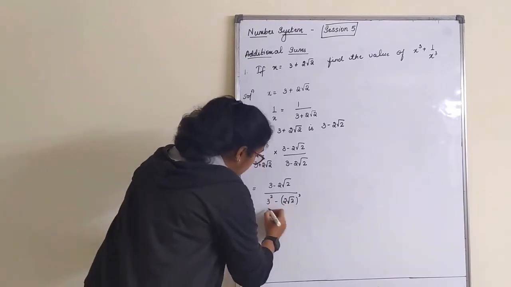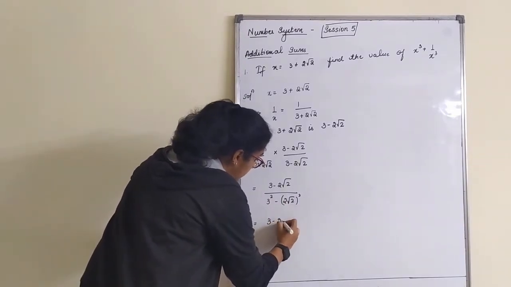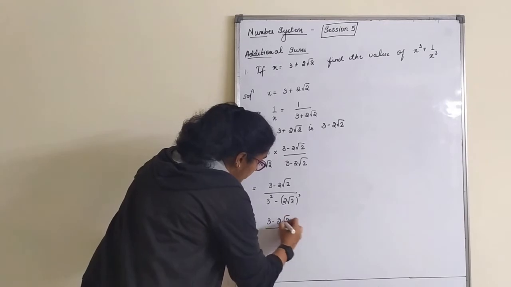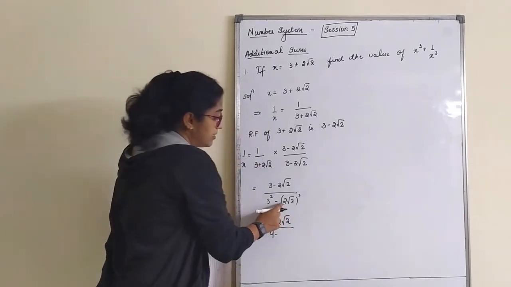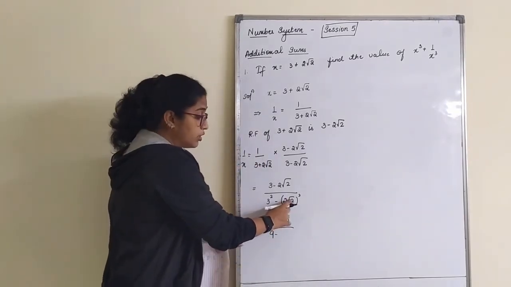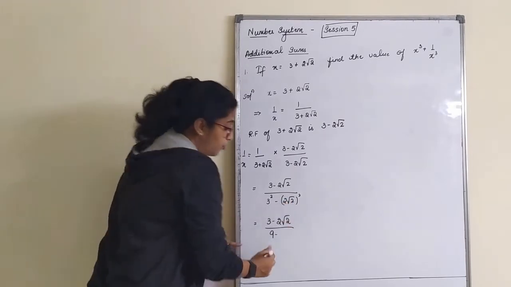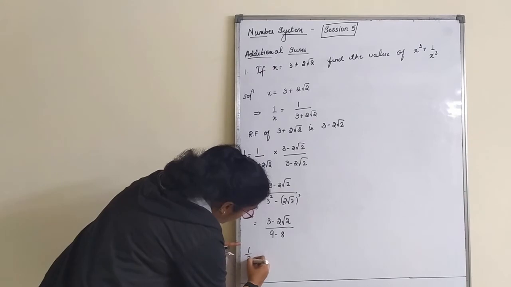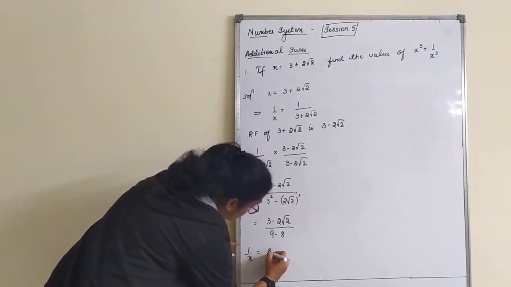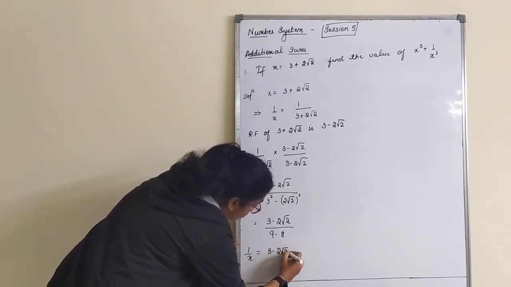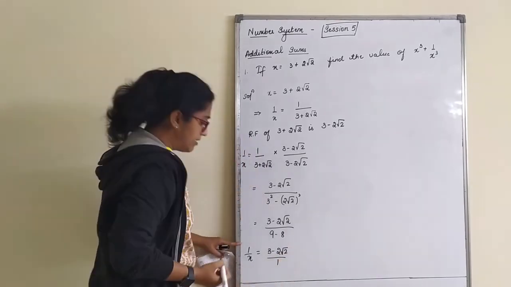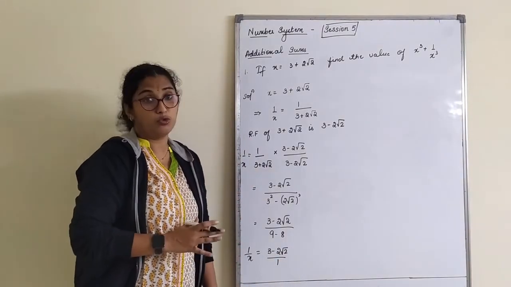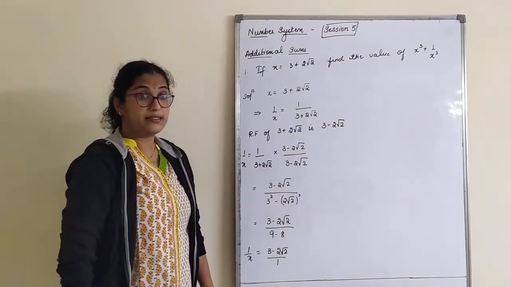Right? Next step would be numerator as it is 3 minus 2 root 2, denominator 9 minus 2 square is 4, root 2 square is 2, so 4 2s is 8. Therefore, 1 upon x is equal to 3 minus 2 root 2 divided by 1, that is nothing but 3 minus 2 root 2. Okay, keep this as it is.